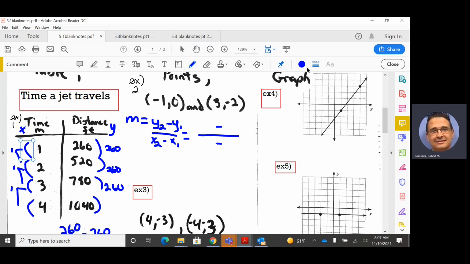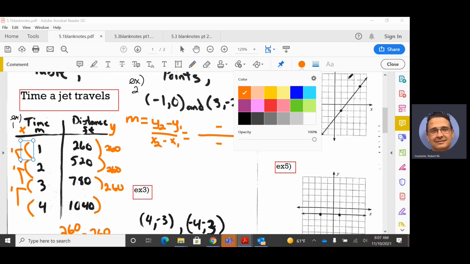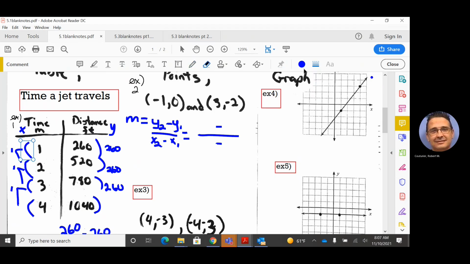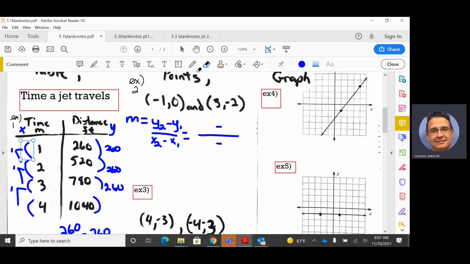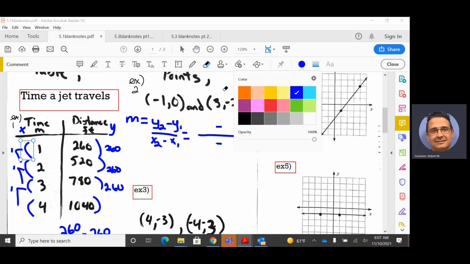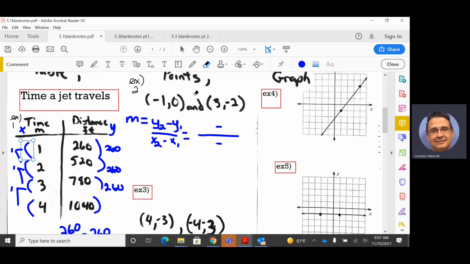Okay? So now, to fill in our equation, we need to start to do different things. All right, so to fill in our equation, we are going to take 1 point. I don't care which point it is, guys. It really doesn't matter.